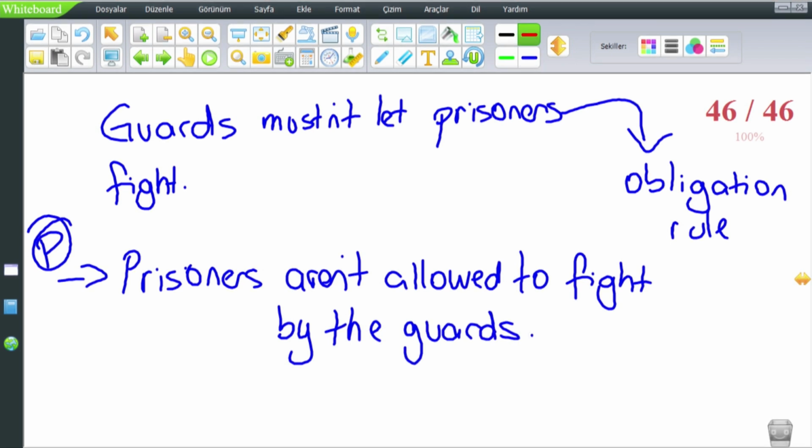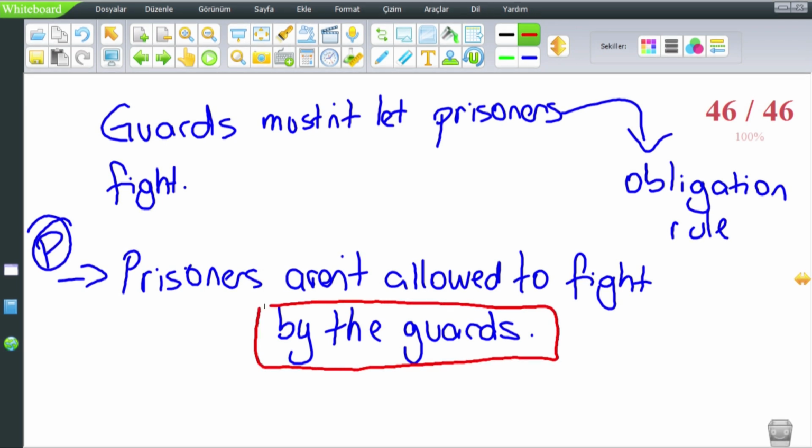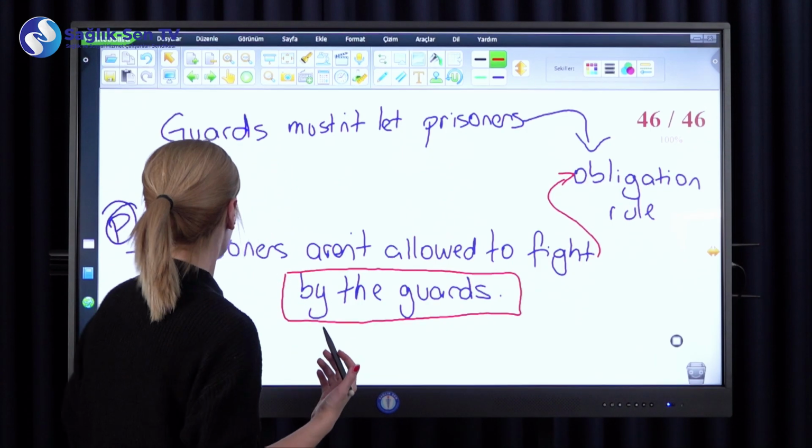This is obviously a rule, so actually I do not necessarily have to add by the guards at the end of the sentence because it already gives the obligation meaning on its own.